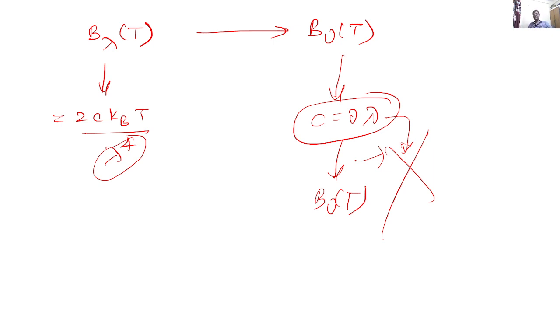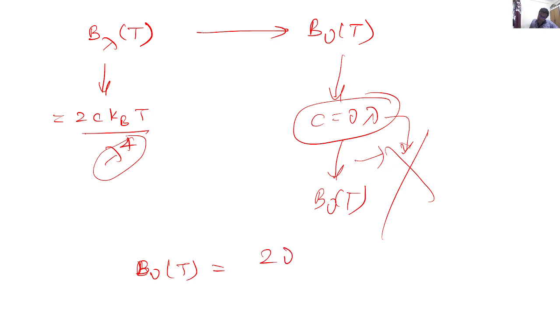It would have been very easy to substitute lambda equal to c by nu, but that is not how it works. Currently, I will just give you the formula for the frequency form of the Rayleigh-Jeans law, but I will derive it also in today's session itself.